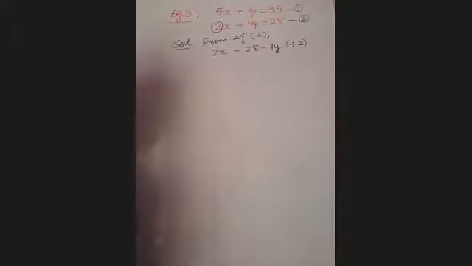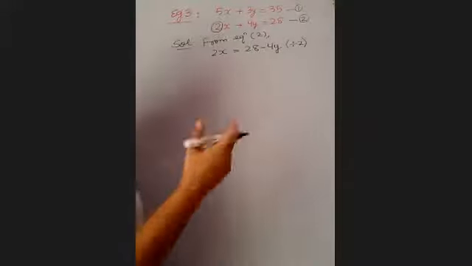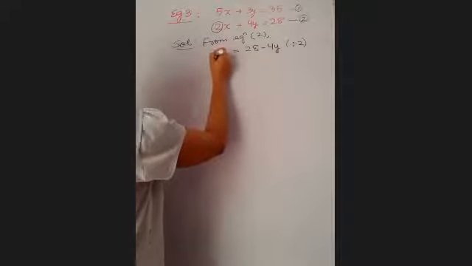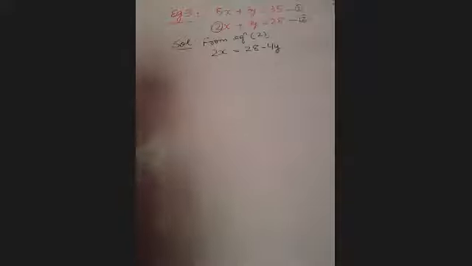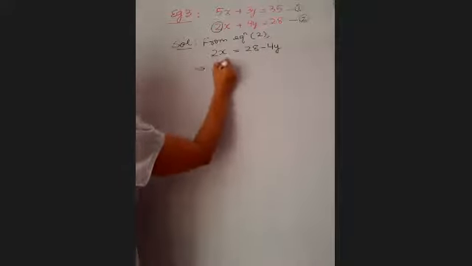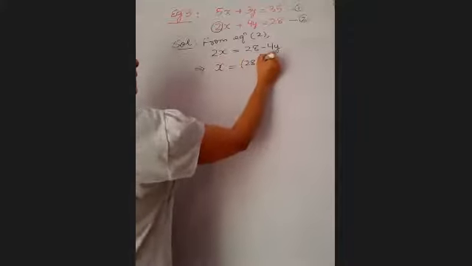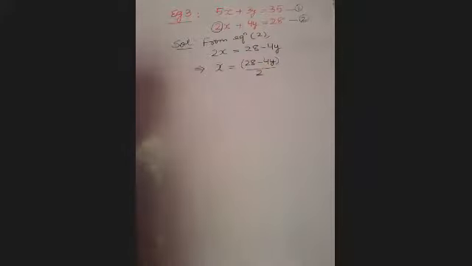But children, suppose it is not possible to divide by 2, then how are we going to proceed? So in this particular question, I am not taking division by 2 so that we understand the next step. Now this means x is equal to 28 minus 4y divided by 2.